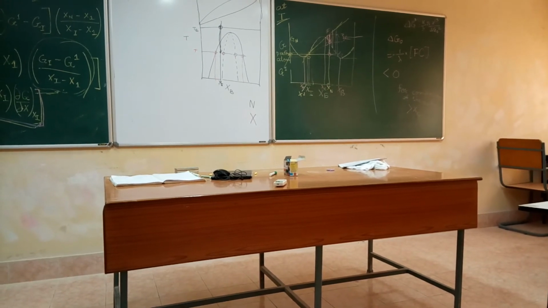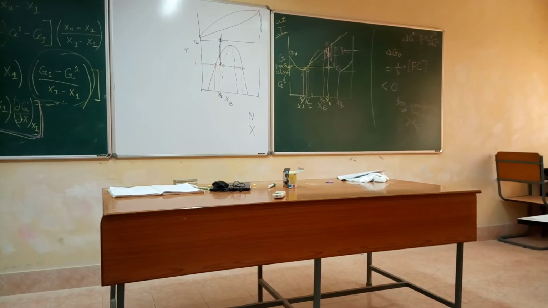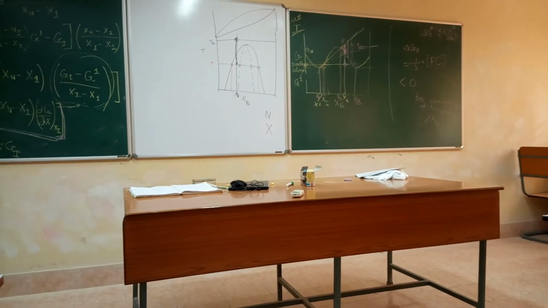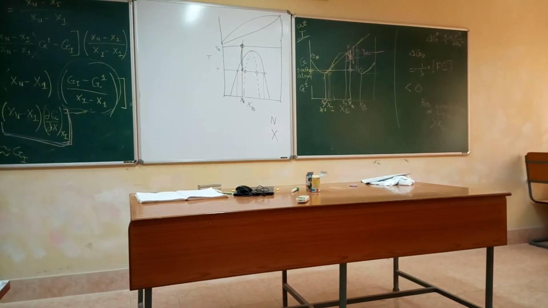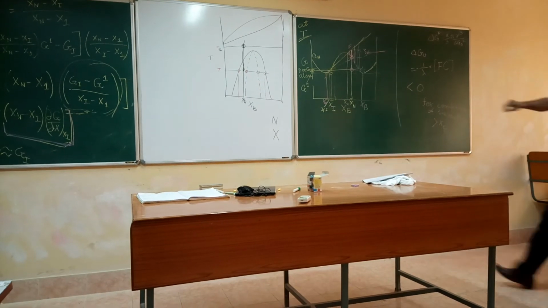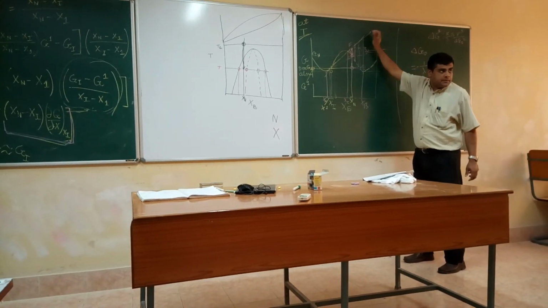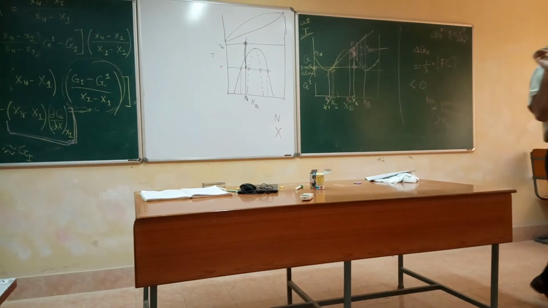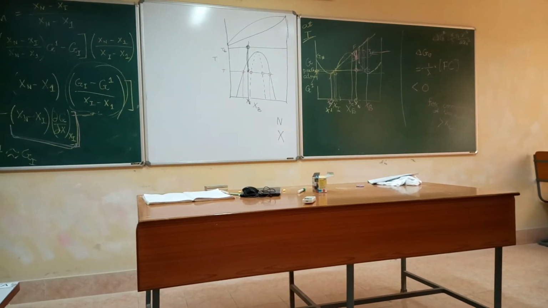Hold on. You have to think and say. Negative, why do you think so? X beta I have written, because this distance is maximum. So at X beta, if the embryo composition is the equilibrium composition, your delta GV is maximum.